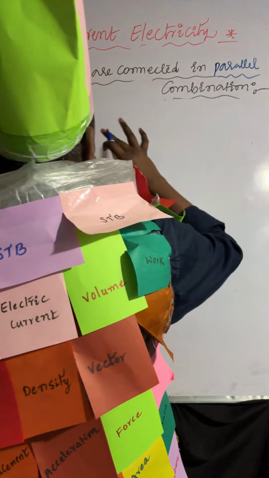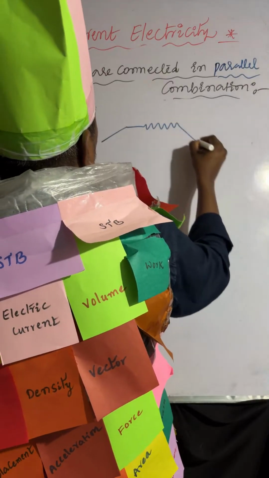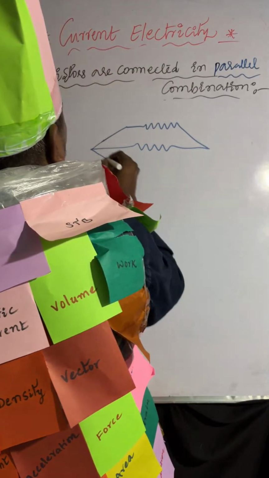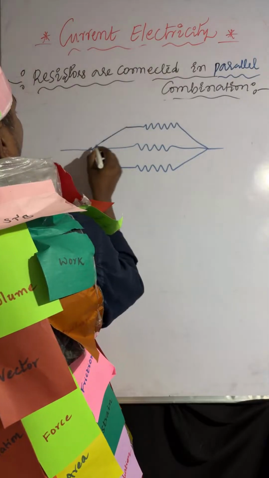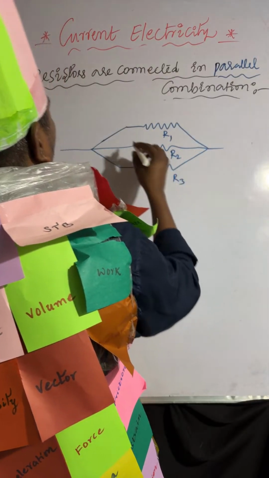Now, parallel combination. Resistors are connected in parallel combination. Now you can see here, R1, R2 and R3.